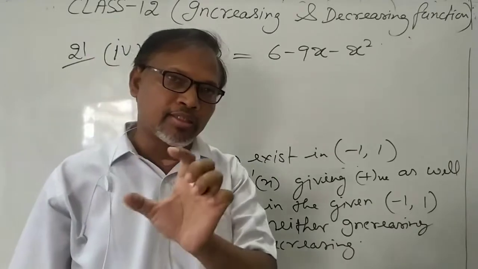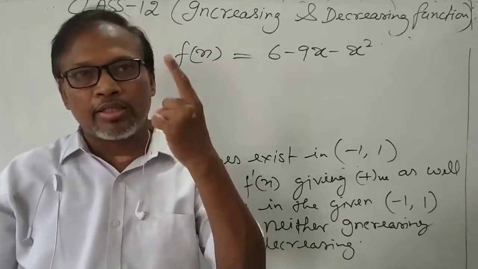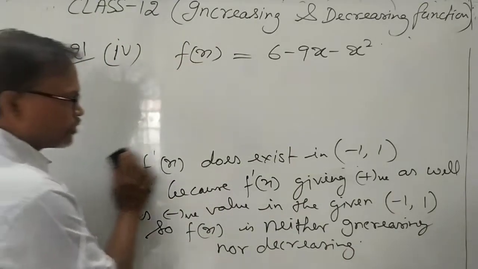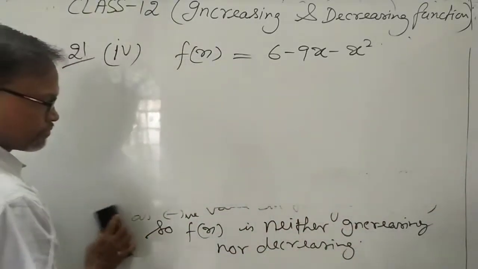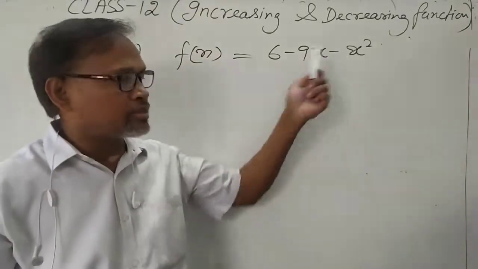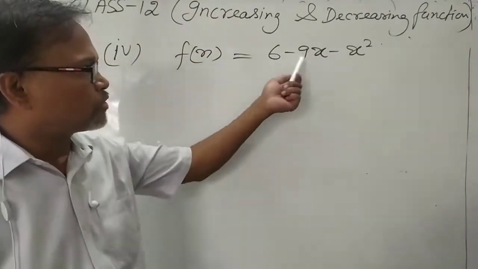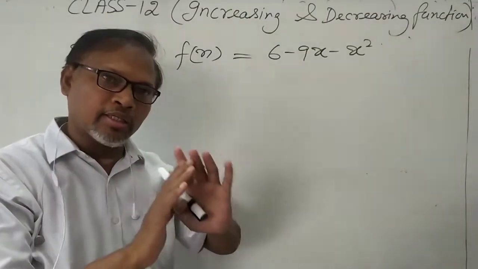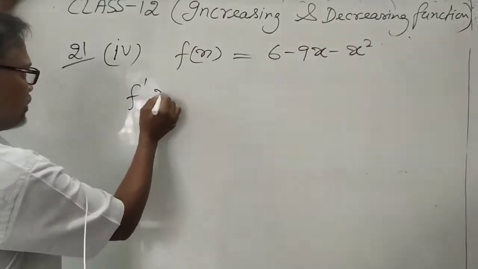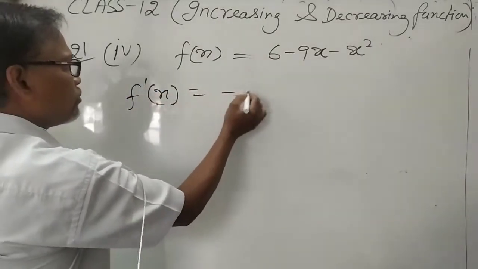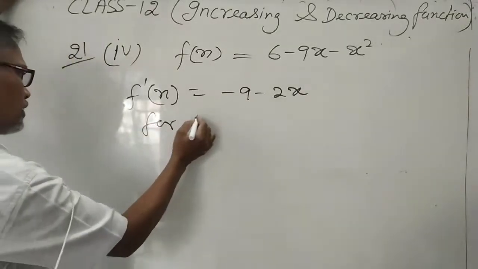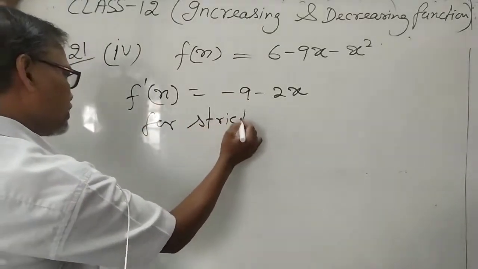You have to find the interval for the increasing and for the decreasing. How to find? First you check. It is a polynomial, so it is always a continuous function for any real value. Now you differentiate the function. So minus 9 minus 2x.